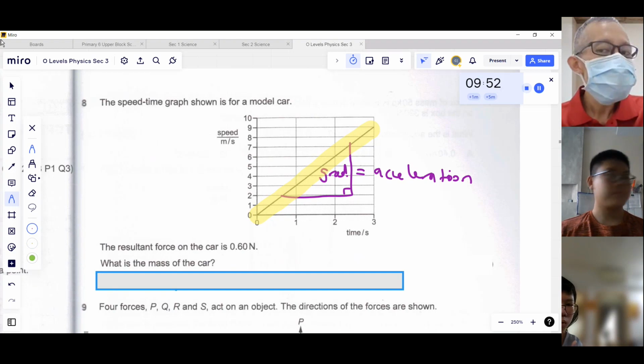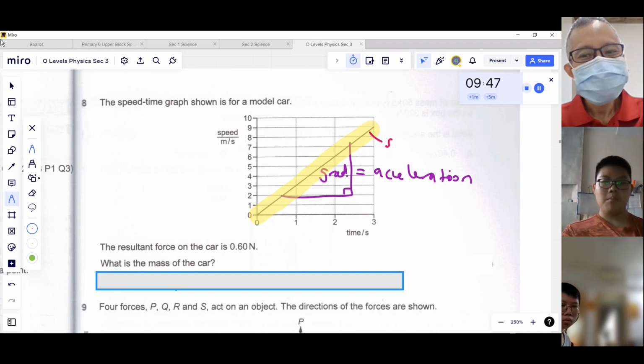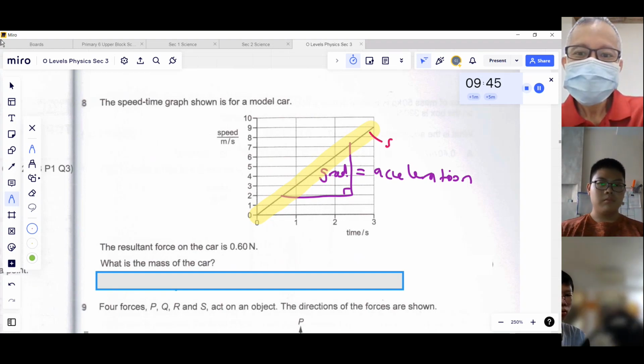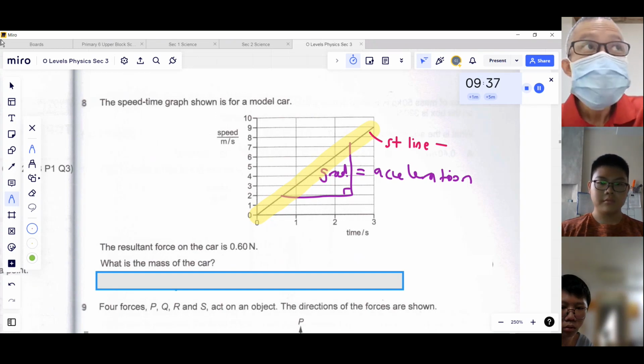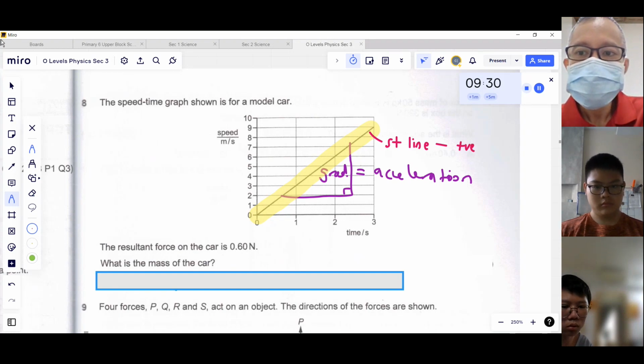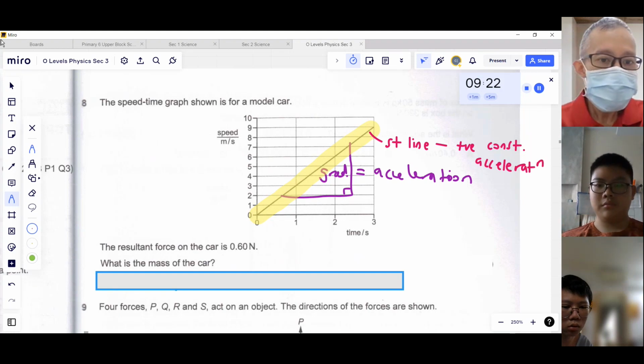Acceleration is positive. Okay, yes. In this case, it's positive, but also it is a straight line. Constant acceleration. Yes, good. So it's positive. The gradient is positive, and constant acceleration. So it's not deceleration, correct? Make sure you get that correct.